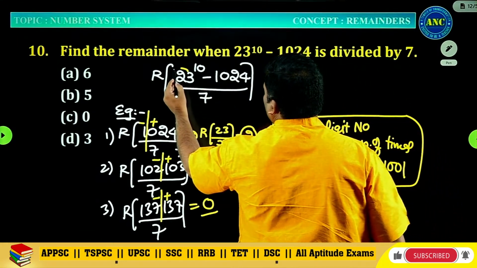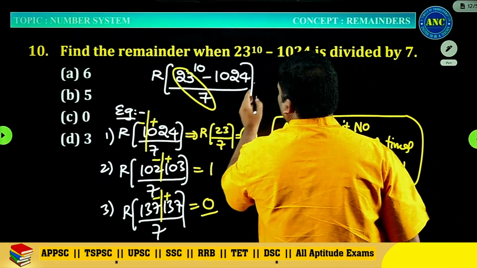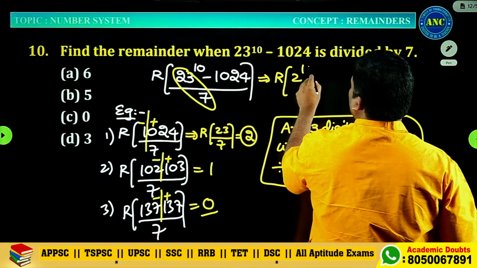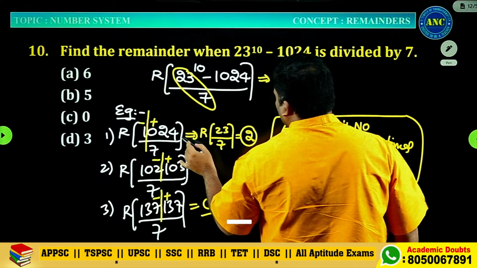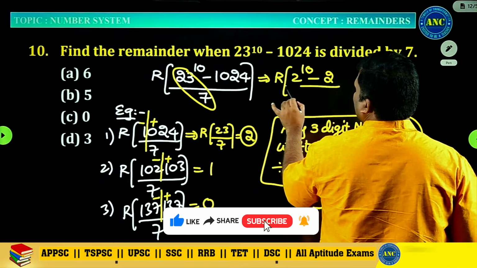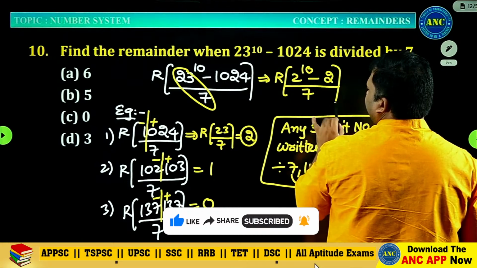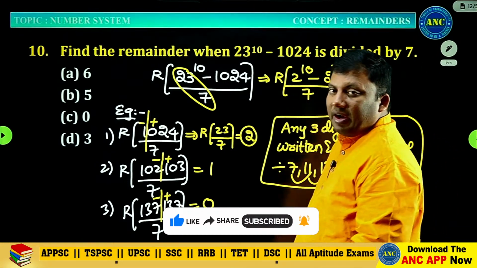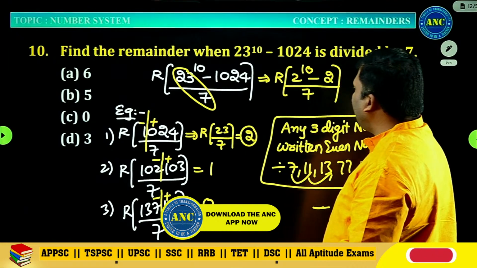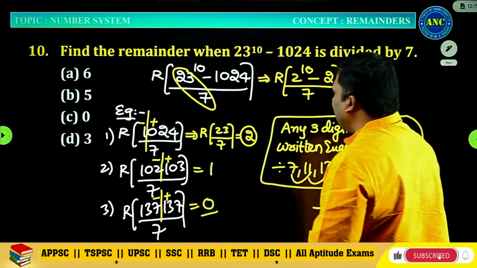7 3s are 21, leftover 2. It is 2 power 10 minus 2, divided by 7.